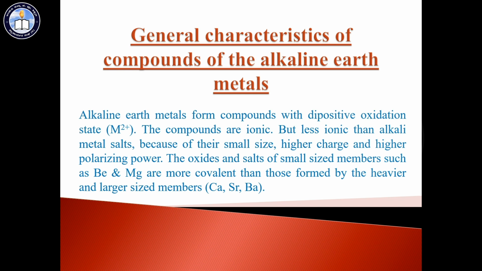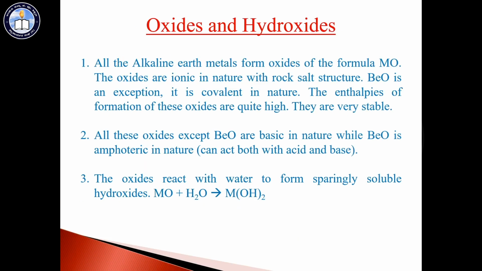Because of their small size, higher charge and higher polarizing power, the oxides and salts of small-sized members such as beryllium and magnesium are more covalent than those formed by the heavier and larger sized members calcium, strontium and barium.